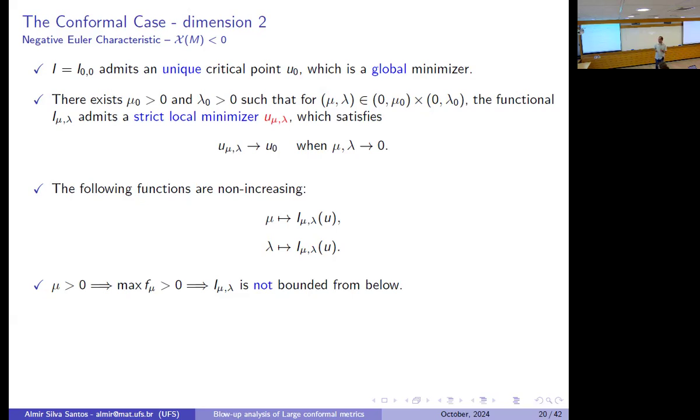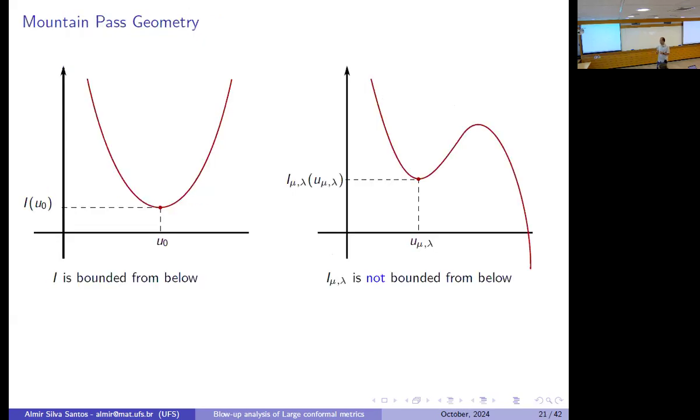So for the parameter equal to 0, you have the function which is bounded from below, and it has only one global minimum point. And for small perturbation, the function is not bounded from below. The picture here is this one. For the function I, you have a global minimum.